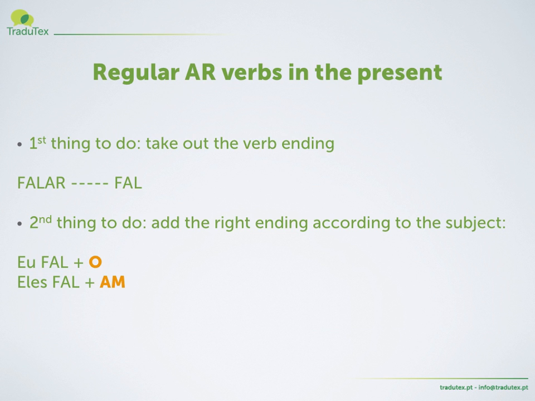The second thing to do is to add the right ending according to the subject, as we've seen. For instance, if the subject is eu, I have to add the letter O, and I get falo. If the subject is eles, remember eles means they, we have eles falam.